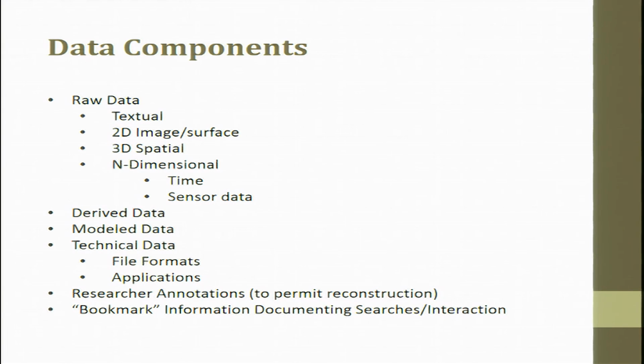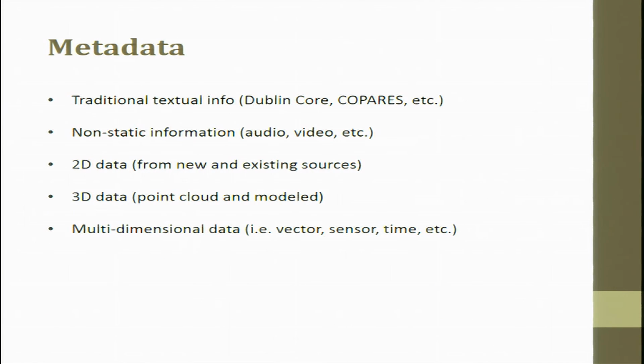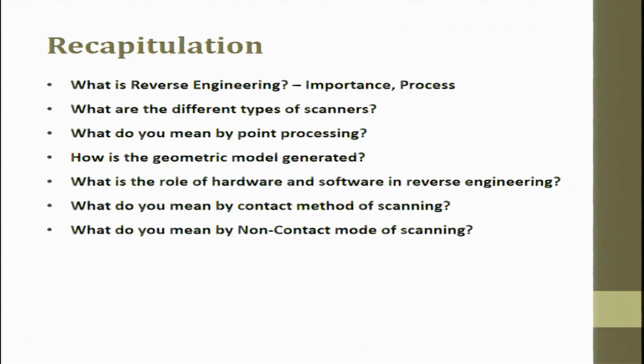You also have derived data, modeled data, technical data, and bookmark data. Some of the data already available: traditional texture information, non-static information, 2D data, 3D data and multi-dimensional data. All these metadata are available and they are used as part of reverse engineering.